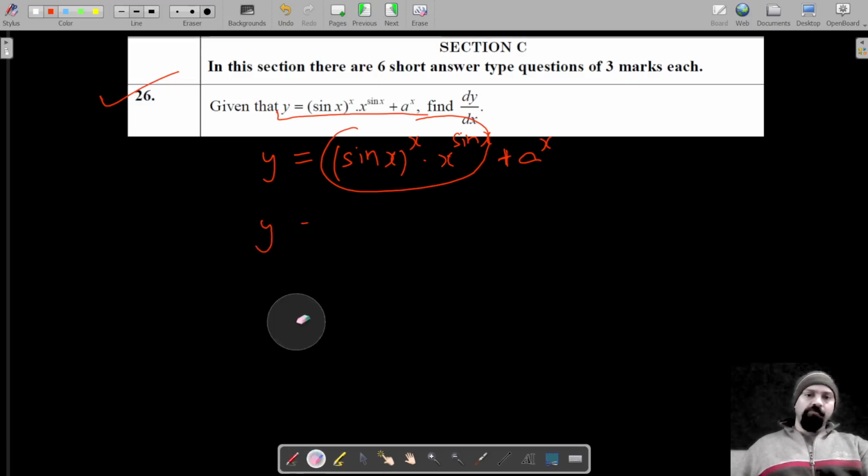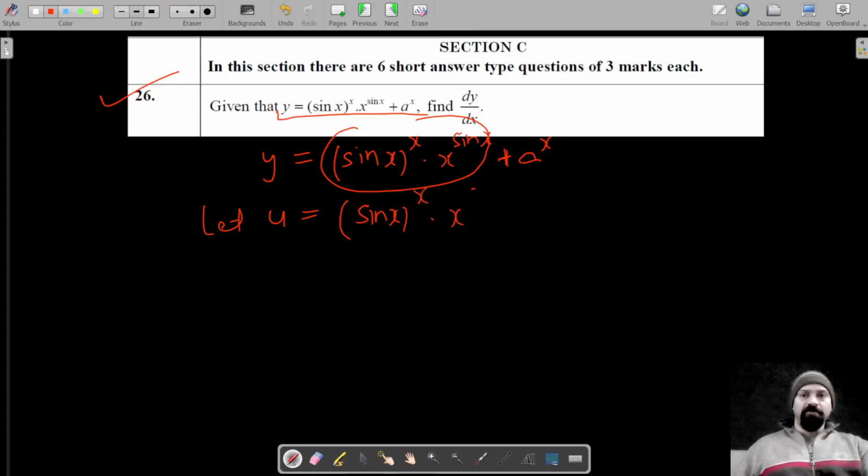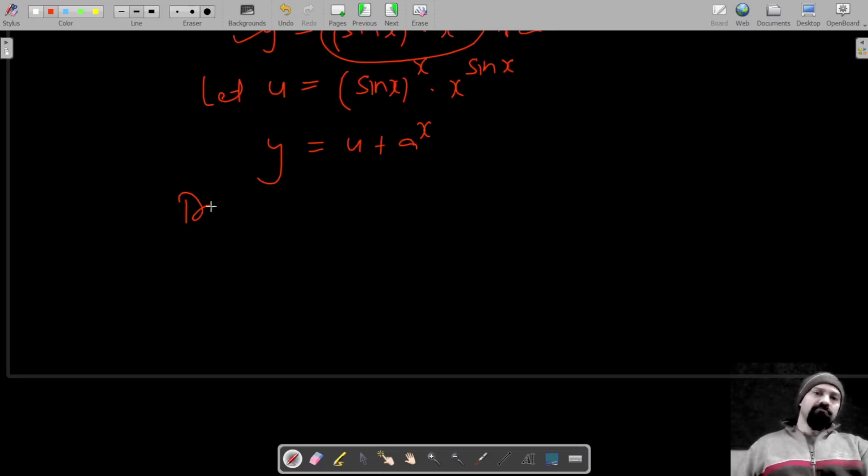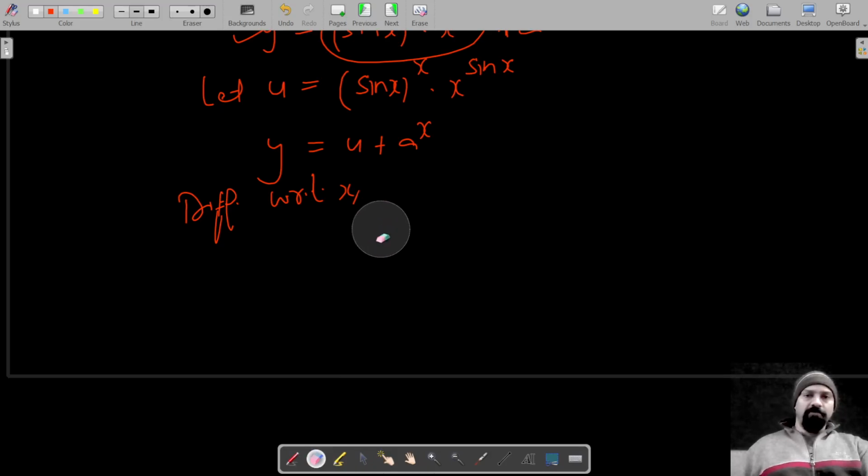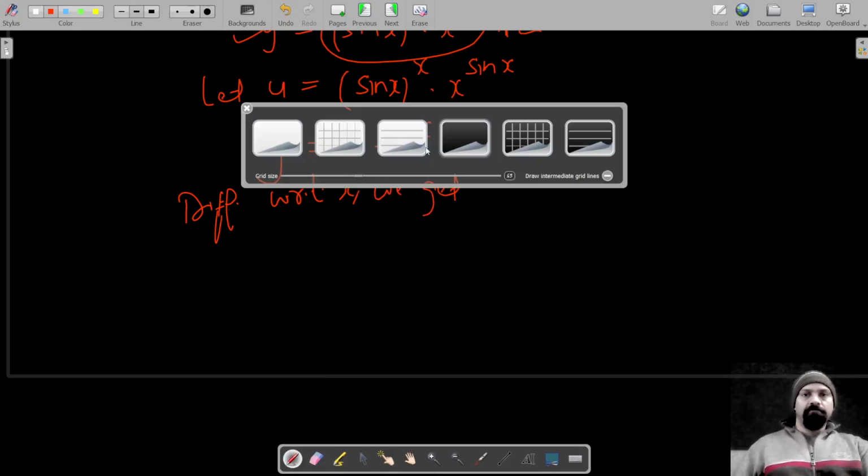So let u is equal to sine x raised power x into x raised power sine x. So this function now becomes y is equal to u plus a raised power x. Now, if we differentiate this with respect to x, we can get our dy by dx.